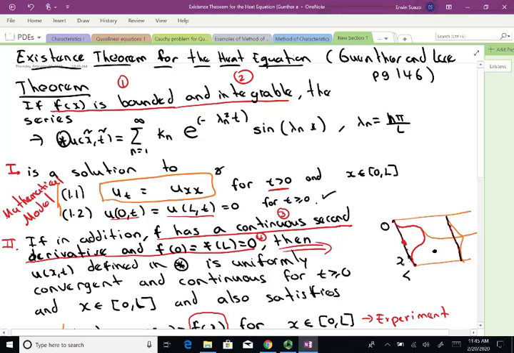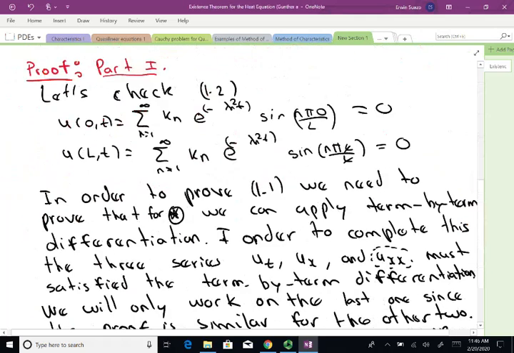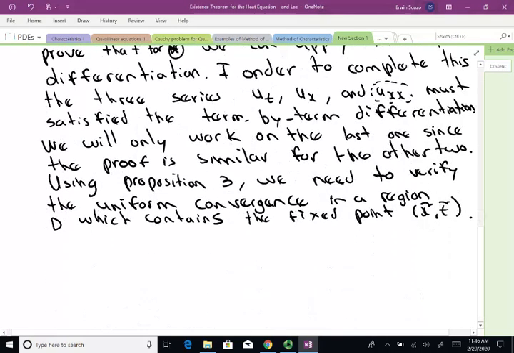So this is x bar, this is t bar, and you want to make sure that the series is uniformly convergent at this point. Okay. So you fix the point. And then now you can start working like calculus 2.